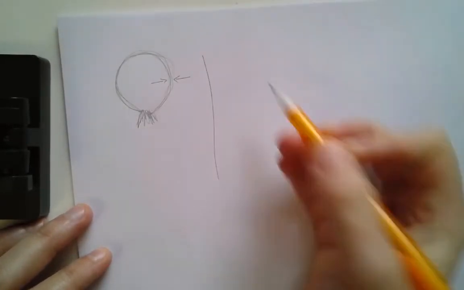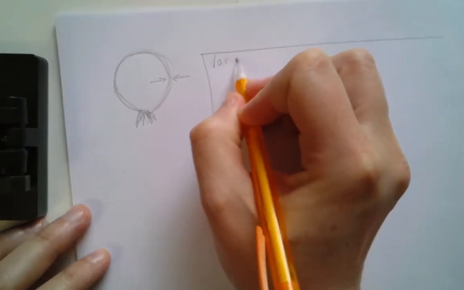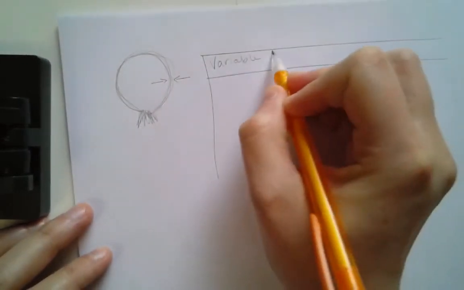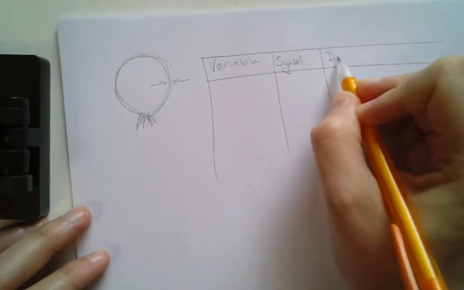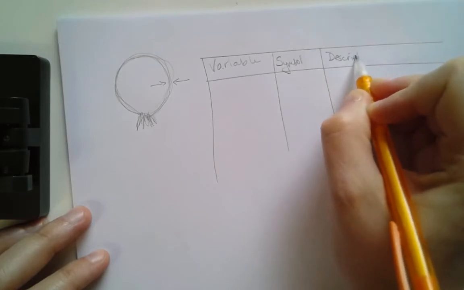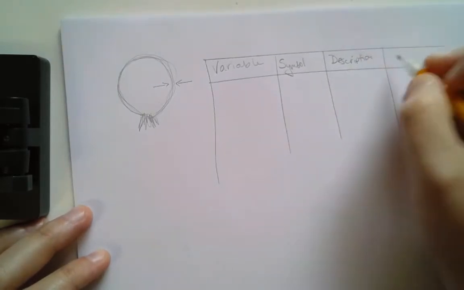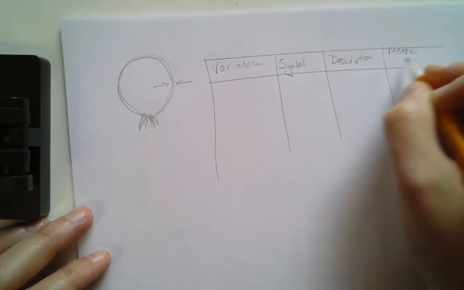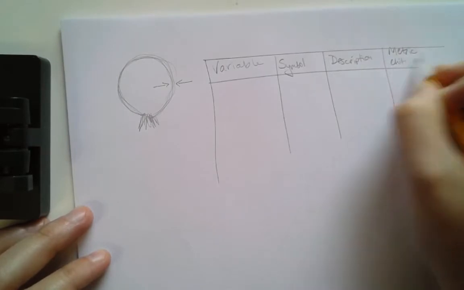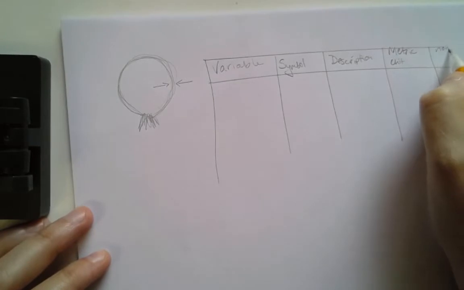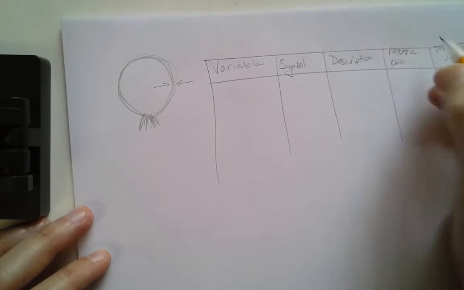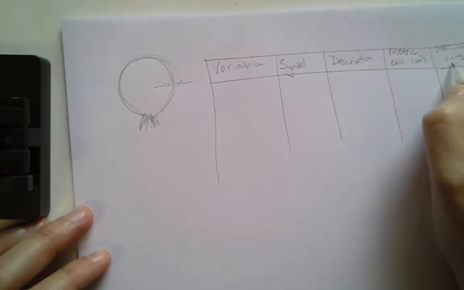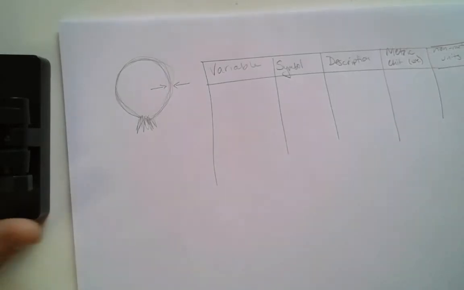Things we're looking at: variable, symbol, description, metric unit, and a non-metric unit. We're going to use the metric units and not use the non-metric units for the most part.